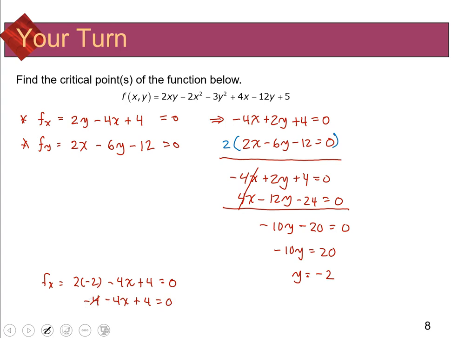The minus 4 and the plus 4 would just cancel. Negative 4x equaling 0 means that x has to equal 0. So I get one critical point at 0, negative 2. I don't know what that critical point is. It could be a maximum, it could be a minimum, or it could be a saddle point, which means it's neither. So that's what we have to get into next, is how do we tell, once we get a critical point, what kind it is.